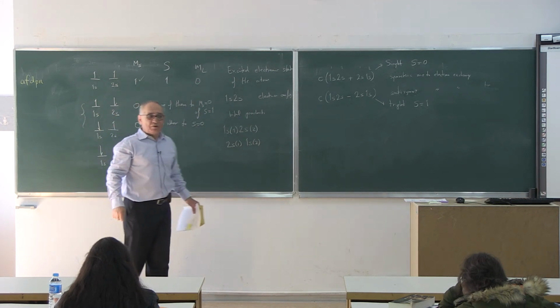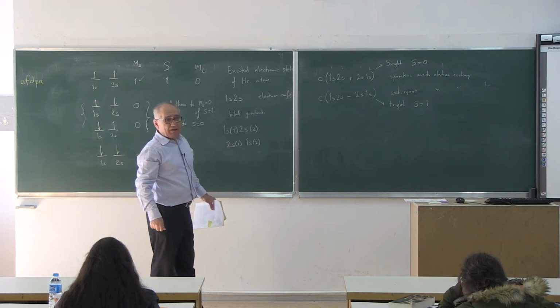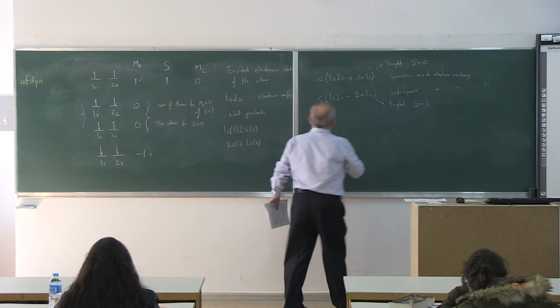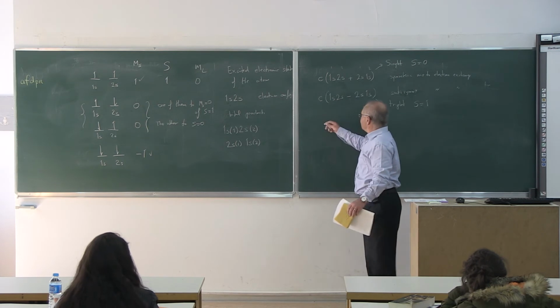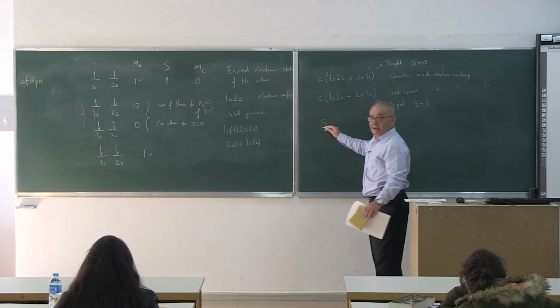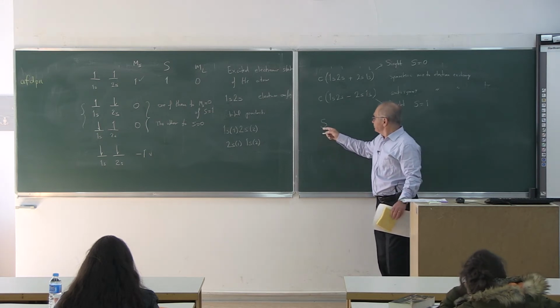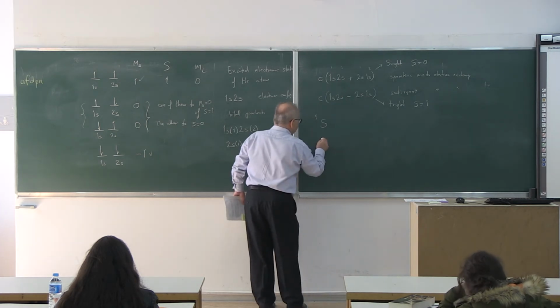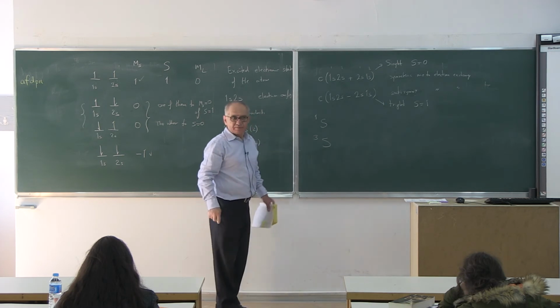If ML is 0, L has to be 0 also. So what are the term symbols in this case? These are also S-type. The first one is a singlet. The other is a triplet S term.